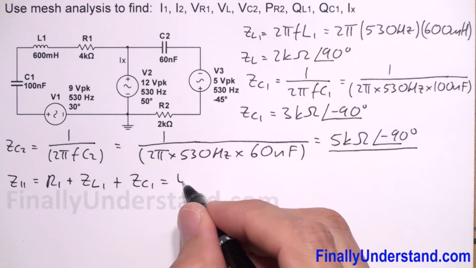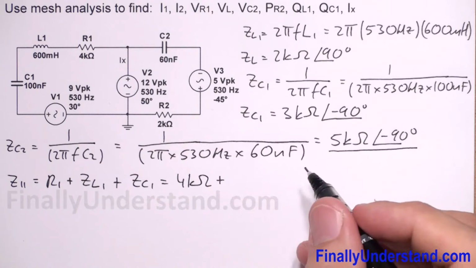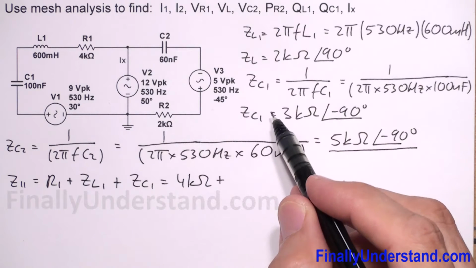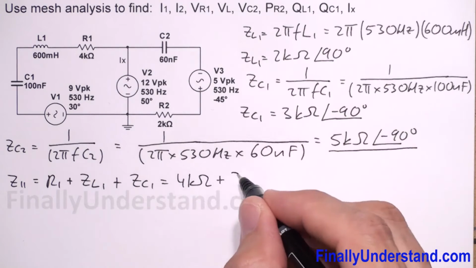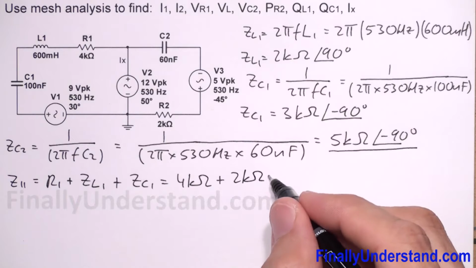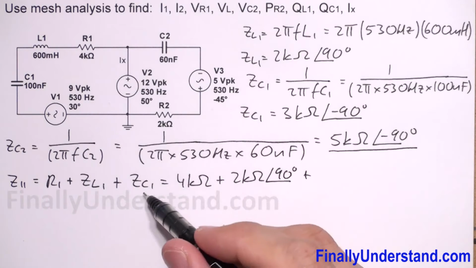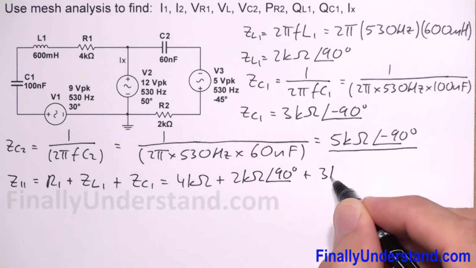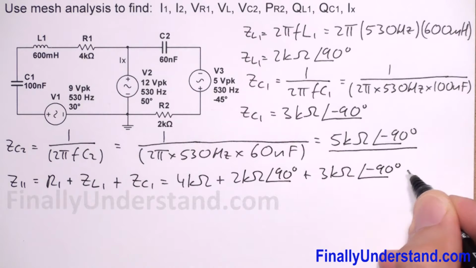R1 is equal to 4 kiloohms, plus ZL1, which we found over here, 2 kiloohms and angle of 90 degrees, plus ZC1, which is 3 kiloohms and angle of negative 90 degrees.